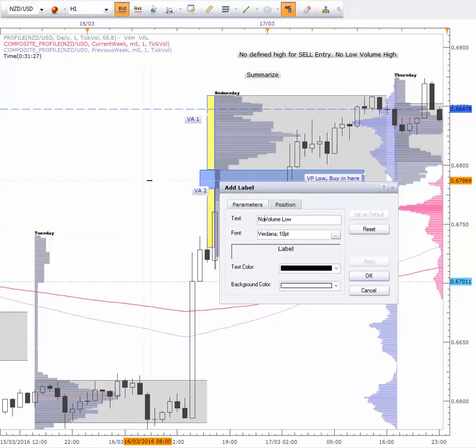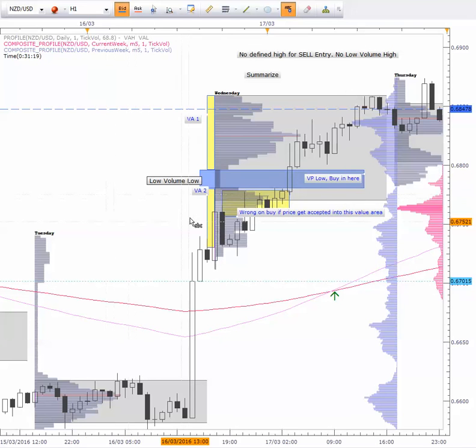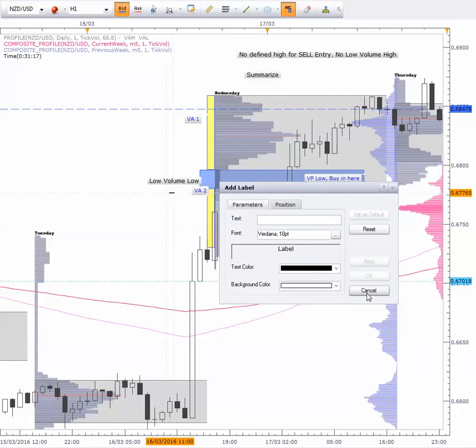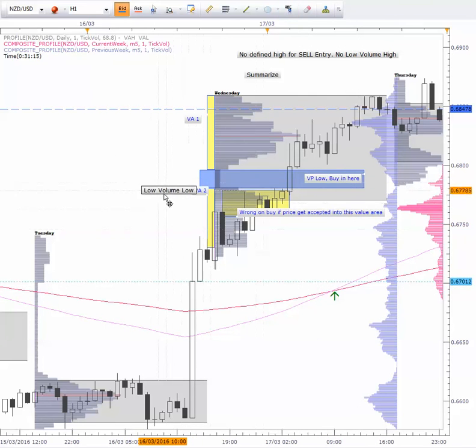And I've got a low volume low, right? Here. So I have to work with what I have. It'll be hard. See, this, I need to see the tail.